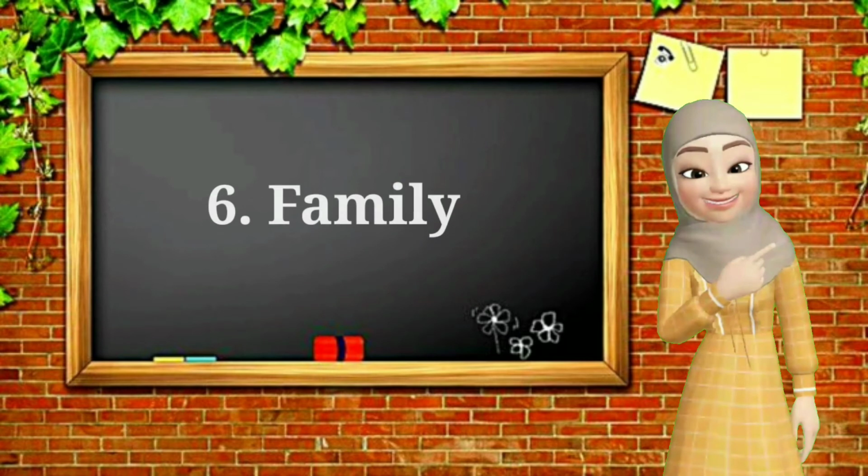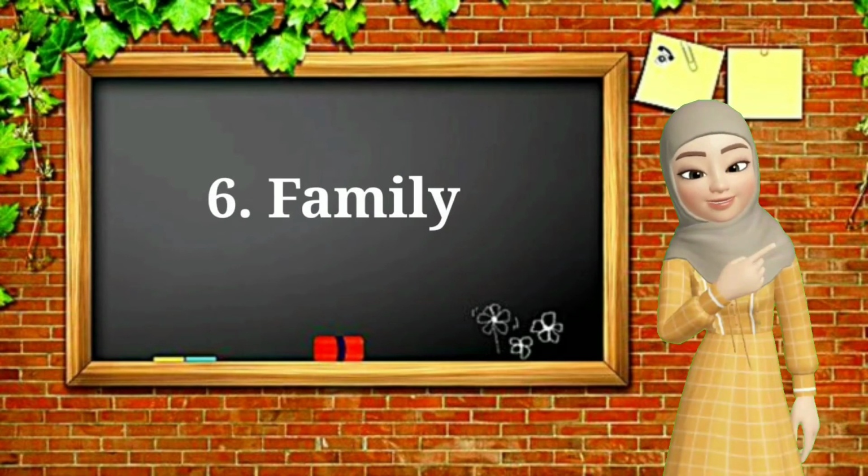Next, we talk about family. This introduction talks about: I have a brother, I have a sister, I have a mom and dad. If you want to say how large or small your family is and how many members it has, you can say, I am from a family of a number. For example, I am from a family of 4.